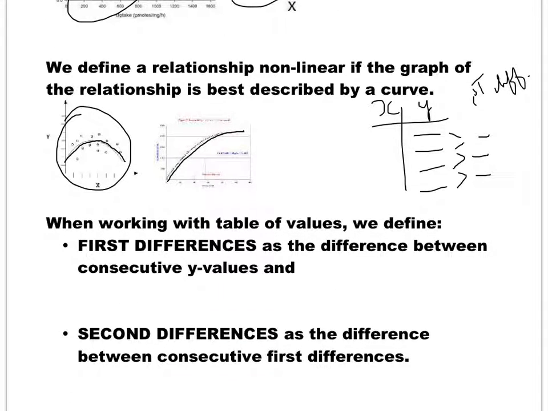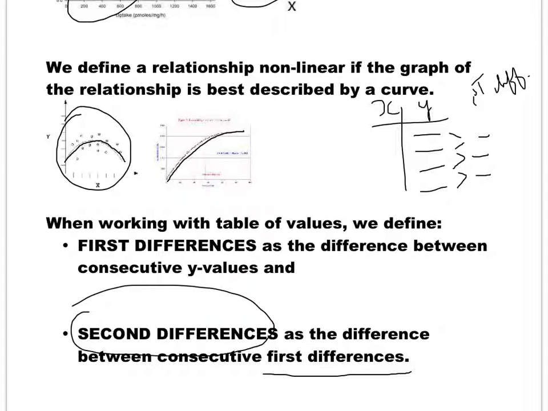We now define a new term called second differences. The second differences are the differences between consecutive first differences. So to find the second differences, you have to find the first differences, then you find the difference between the first differences.